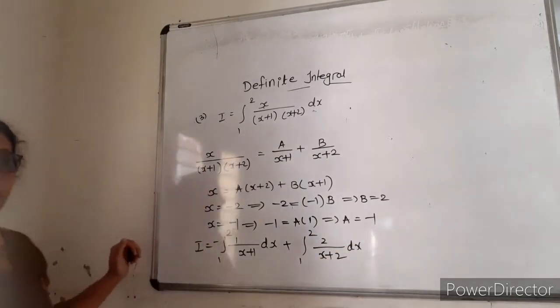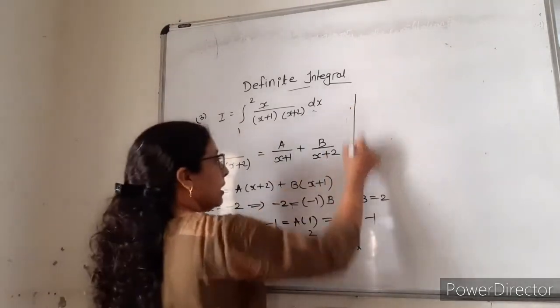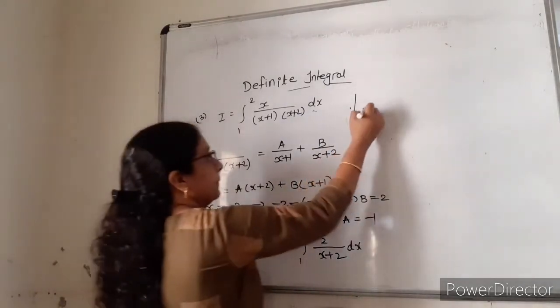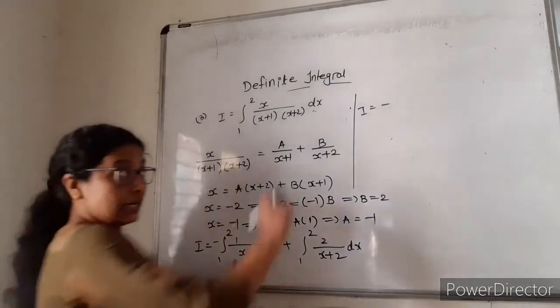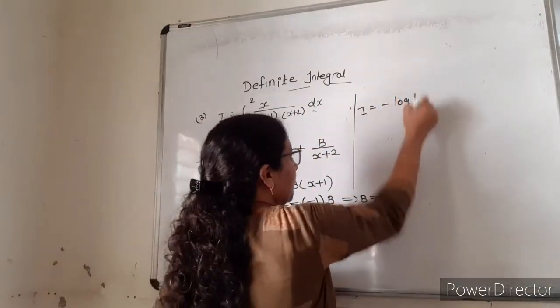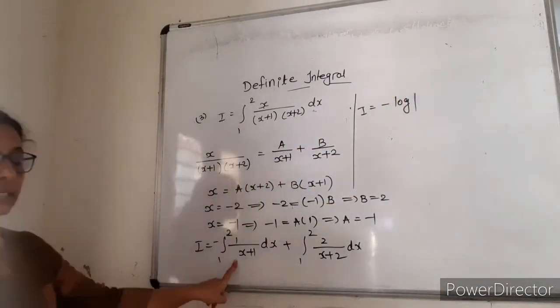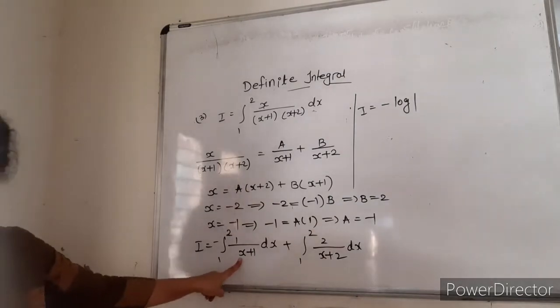dx. Now this is equal to I, minus, this is integration giving log mod, right? Integration of 1 upon x plus 1 is log mod x plus 1.